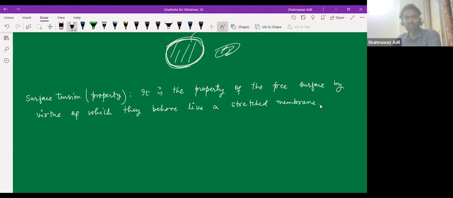Right. So this surface tension is the property. Okay. Now what is the mathematical formulation for it?